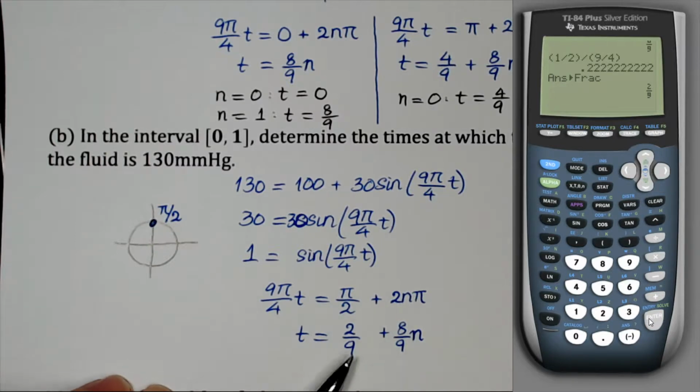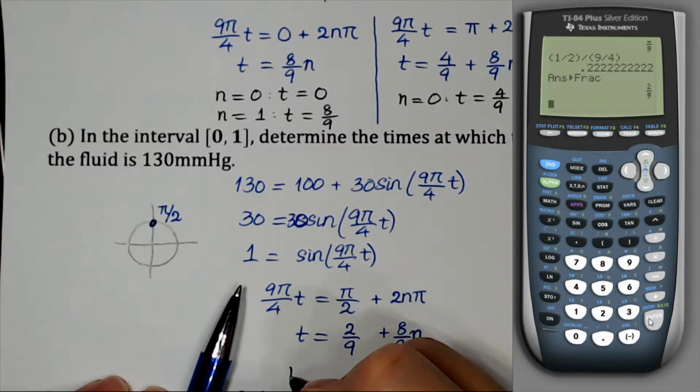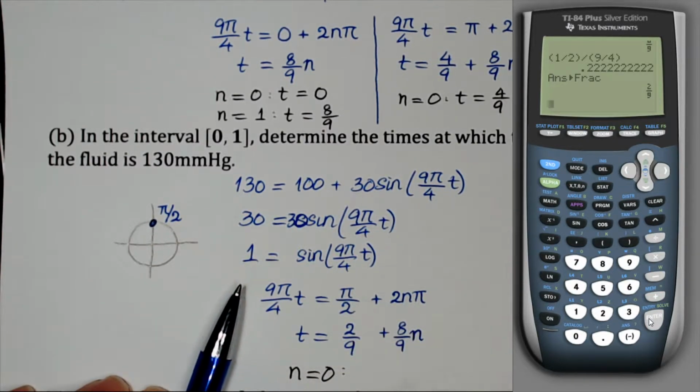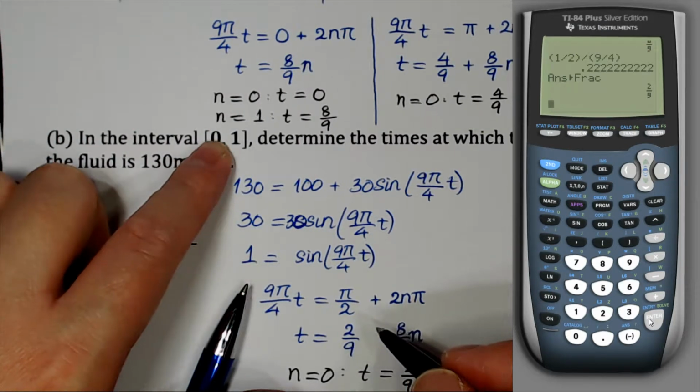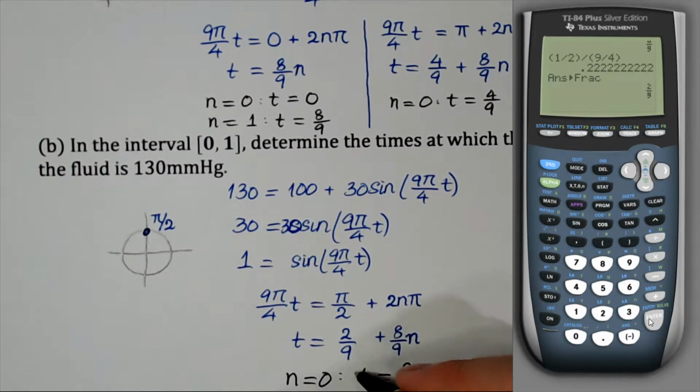As we see, we can only choose one value for n, because if n is equal to 1, we will have the answer outside of 0 and 1. So we only have one answer there.